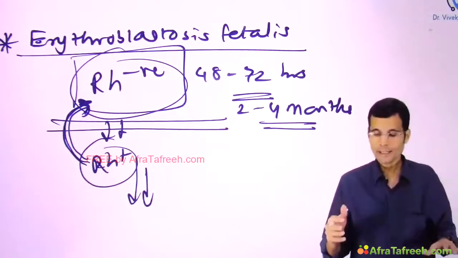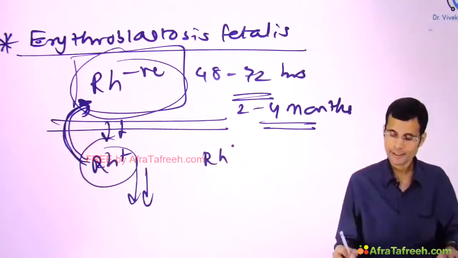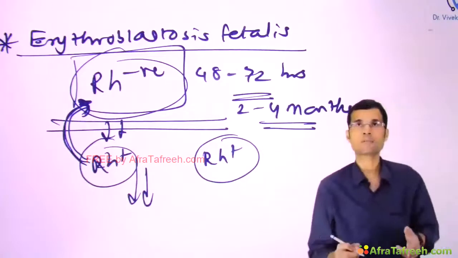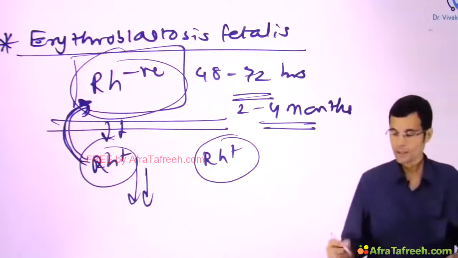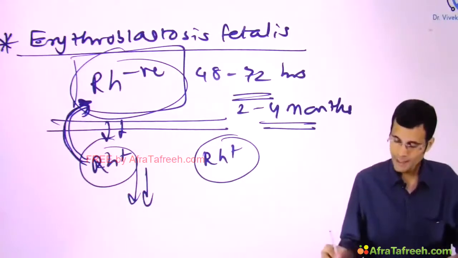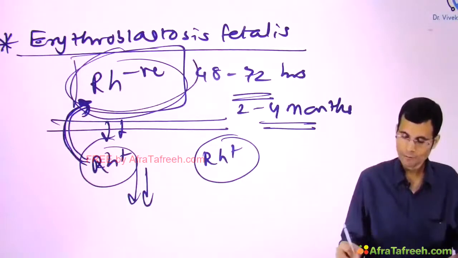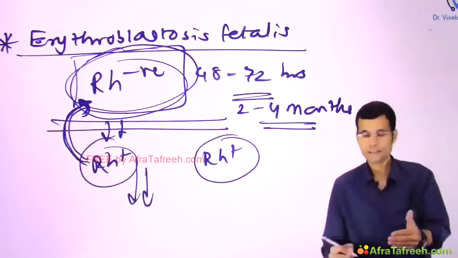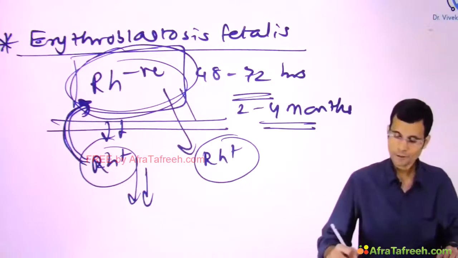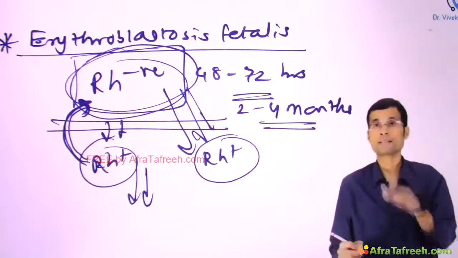Now, if she conceives again for the second time and again the fetus is Rh positive, then these antibodies, anti-Rh antibodies formed in the mother's body, will now be transferred to the fetus via placenta.